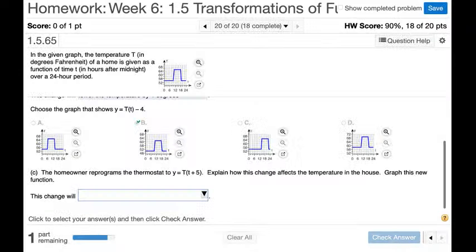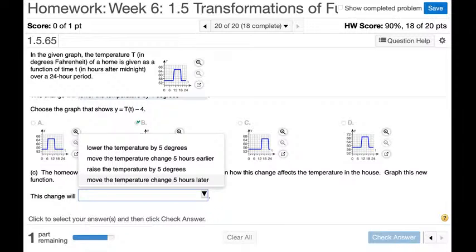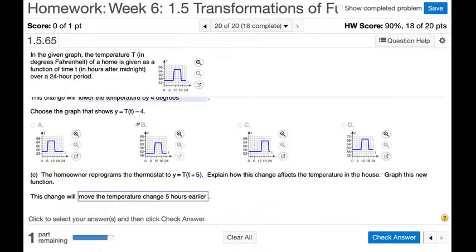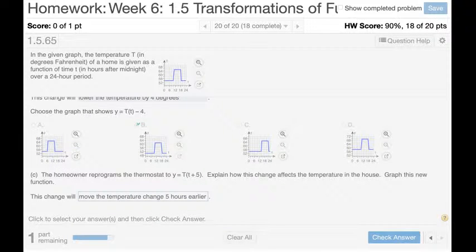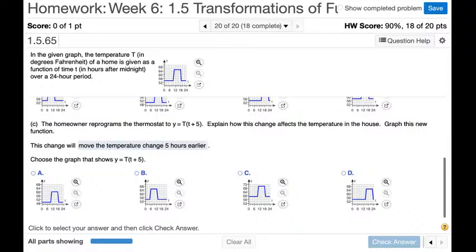If we add 5 on the inside, that's going to move it to the left by 5. So that's going to make everything happen earlier. So everything shifted to the left, right? So then, what is this?